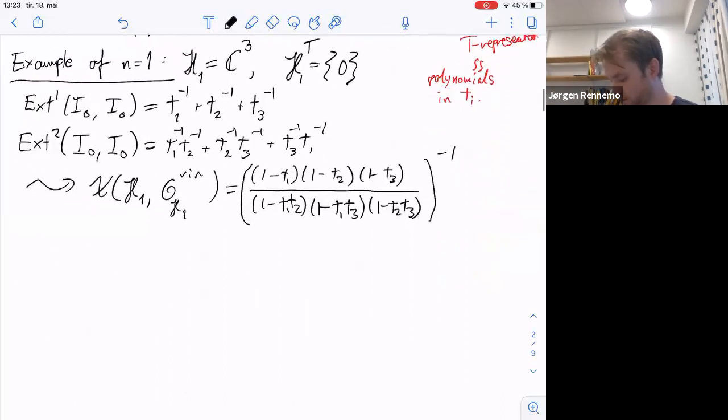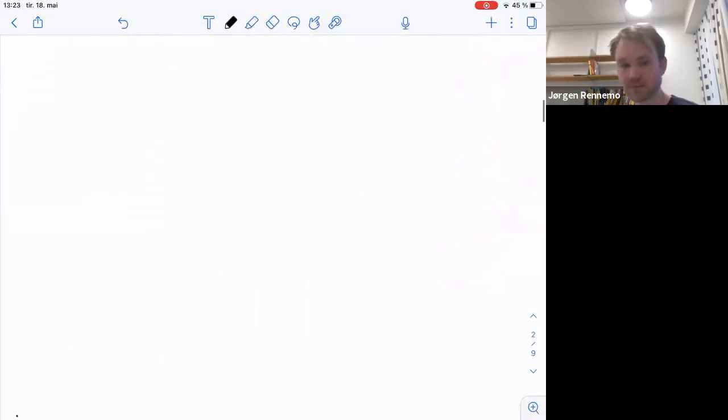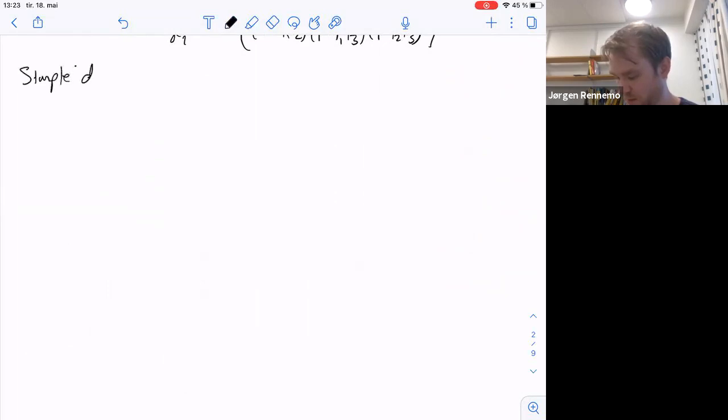So I want to now give you the simple geometric definition, or the simple definition perhaps, some definition which works in this case, which doesn't work in general.